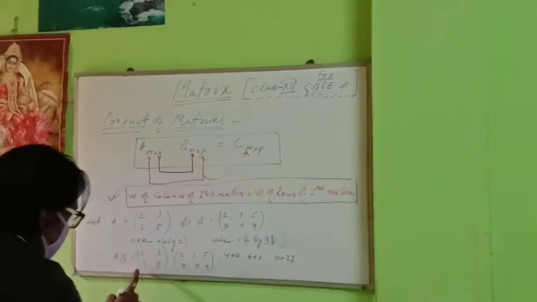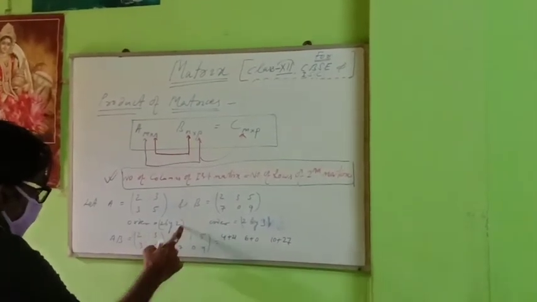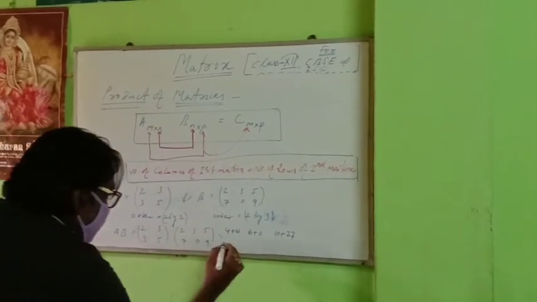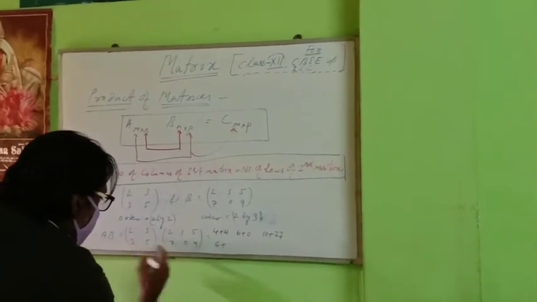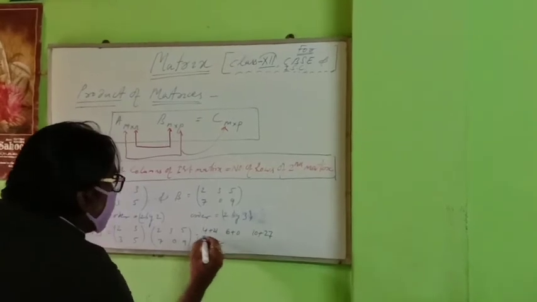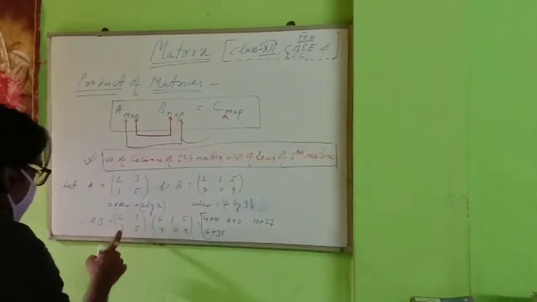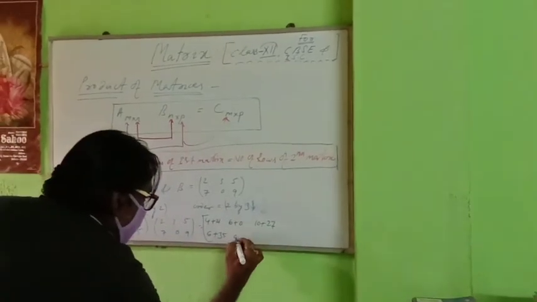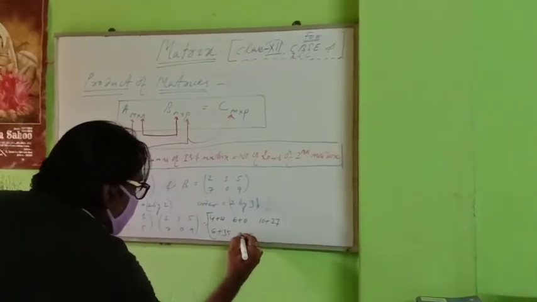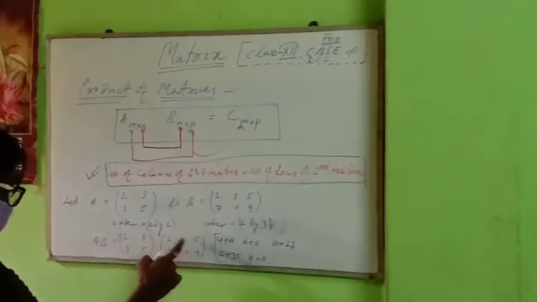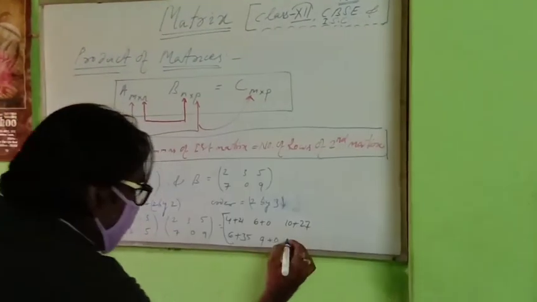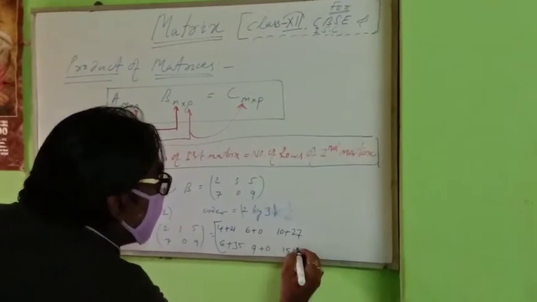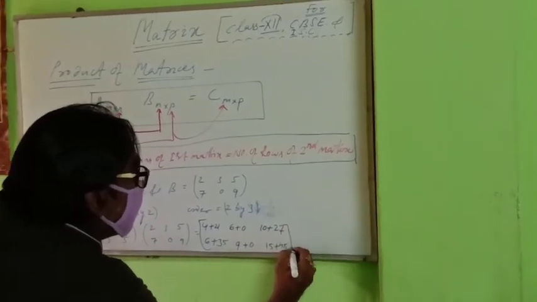Same process, second row with first column: 6 plus 35. 5 sevens are 35, 6 plus 35. You bracket here. Next, second row with second column: 3 threes are 9 plus 0. Next: 15, 3 fives are 15 plus 45. Now keep the bracket closed.